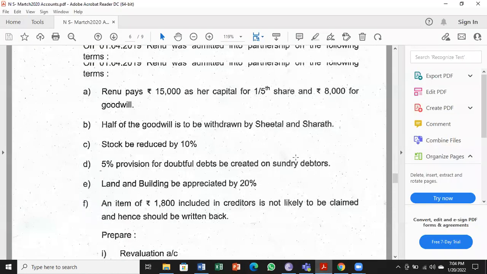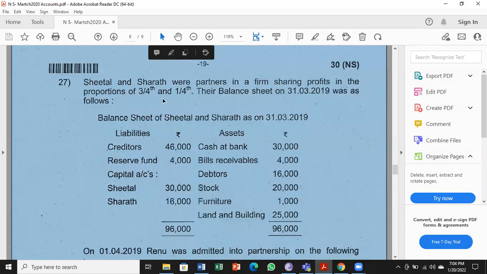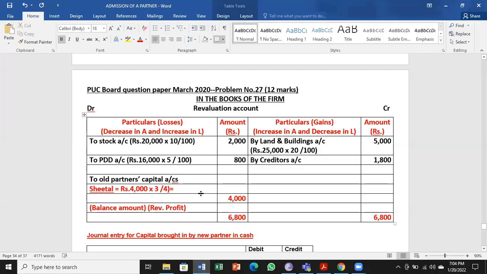If you want, you can see here the ratio or proportion 3 by 4 and 1 by 4. You have to remember. So 3,000 to Sheetal. Sharath, rupees 4,000 into 1 by 4, 1,000. Good.